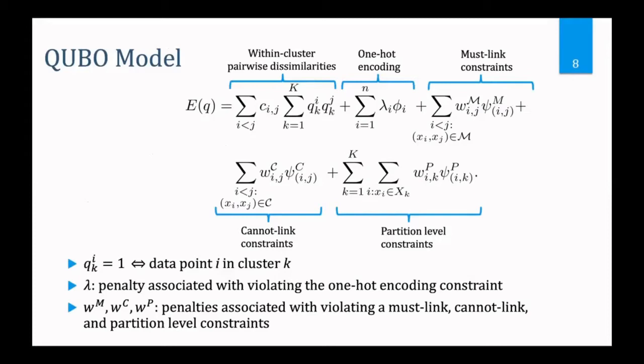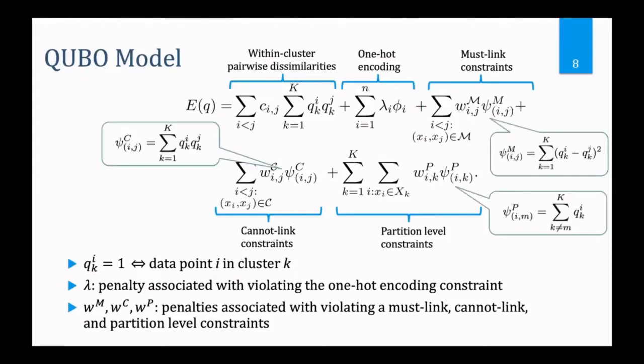The following terms are penalty terms that enforce that the obtained solution satisfies the must-link constraints, the cannot-link constraints, and the partition-level constraints. Each one of these terms penalizes the objective with a given penalty weight for a violation of the corresponding constraint. In the paper, we discuss the choice of the penalty weights.